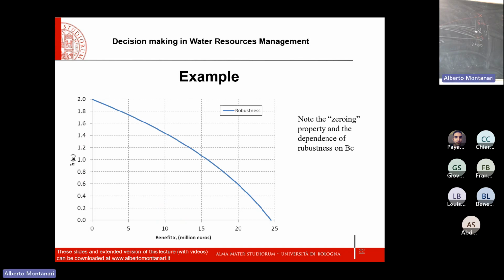Because if you fix a critical benefit that is very ambitious, then you need a low uncertainty to get it. So basically here, for decreasing uncertainty, you have an increasing value of the critical benefit. Conversely, if your critical benefit is very low, like 5 million euros, you can tolerate a very large uncertainty.